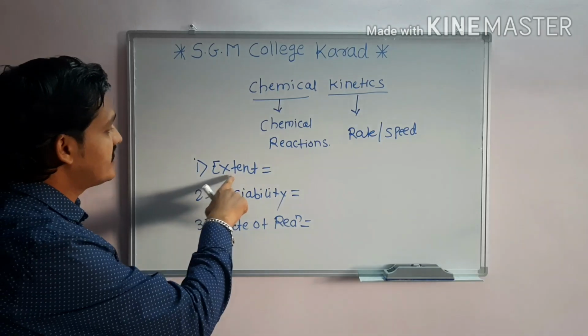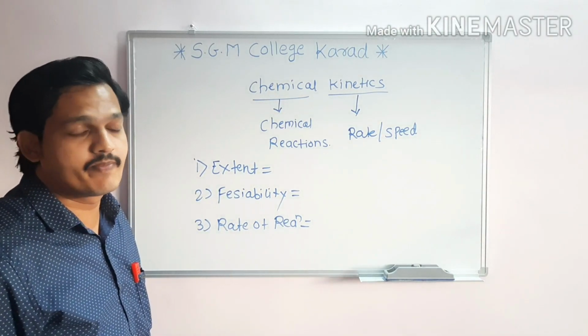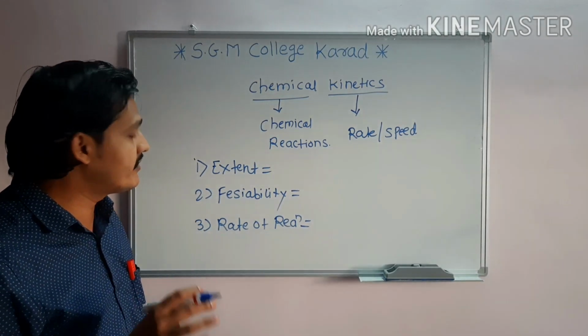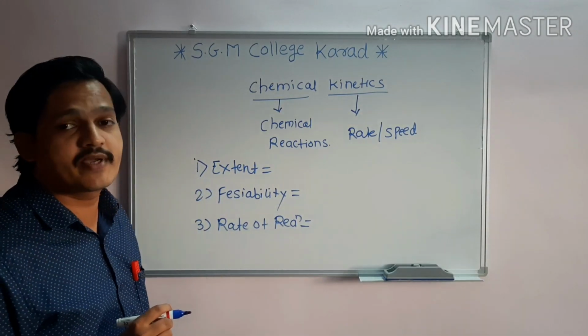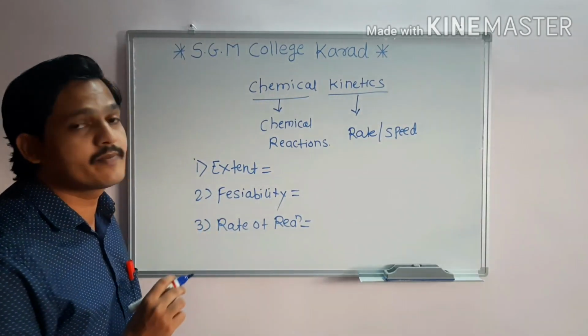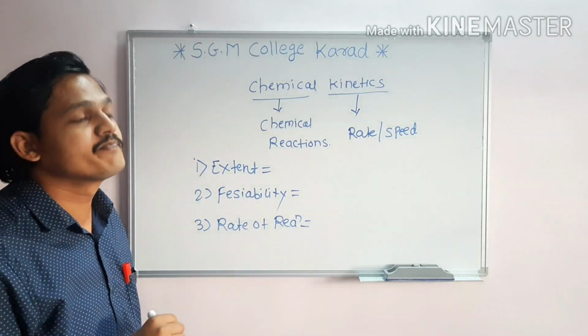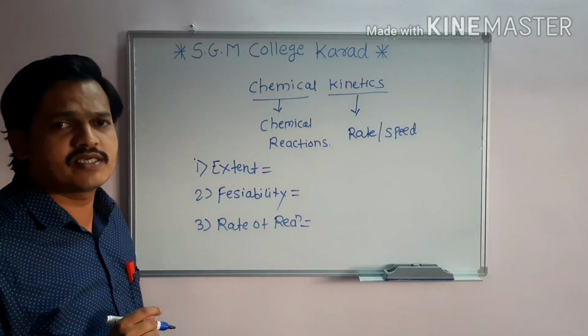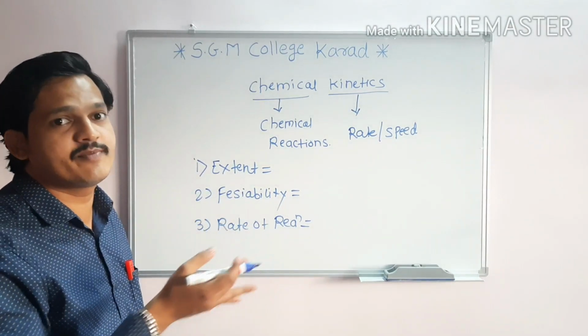Okay, extent. The word extent you have already studied in 11th standard, in the chapter named chemical equilibrium, where you studied the uses of Kc and Kp. That is where you studied the extent of reaction. Extent of reaction means the reaction takes place in a specific direction.